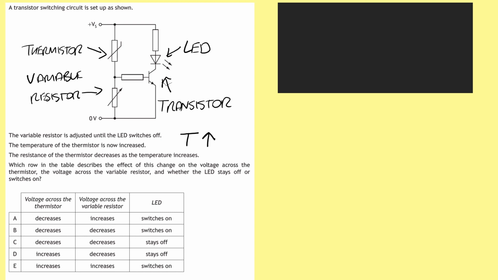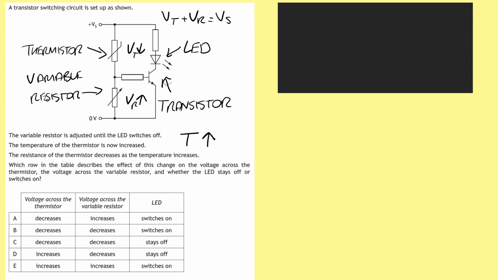But because this is a series circuit, if the voltage across the thermistor goes down, the voltage across the variable resistor must go up, because those two things must add up to the supply. Vt plus Vr is equal to Vs. So as the voltage across the thermistor goes down, the voltage across the resistor must increase.